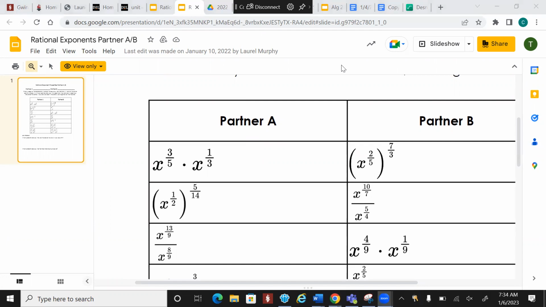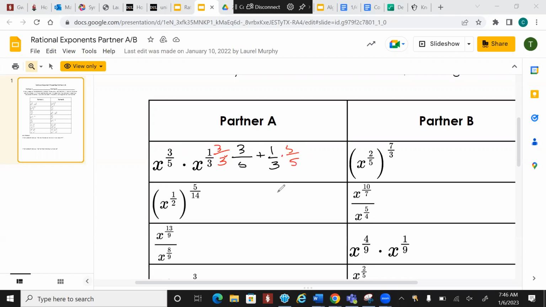All right, so on this first one, partner A, what are we going to do with the exponents? Add them. So we're going to say 3/5 plus 1/3. They don't have the same denominator, so we need to have the same denominator. So what can I multiply these 2 things by in order to have the same denominator? I'm going to multiply this guy by 3 and this guy by 5.